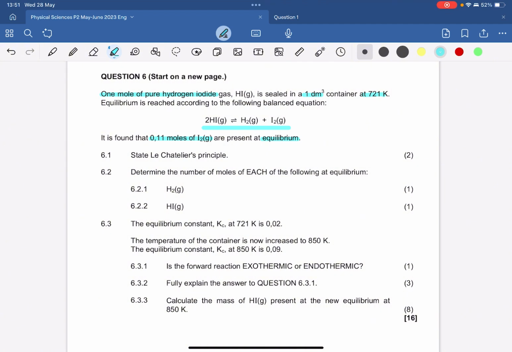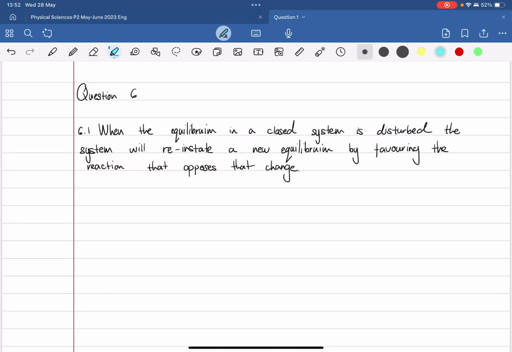6.1 is asking us to state Le Chatelier's principle. I've gone ahead and written it for us already. Le Chatelier's principle says that when the equilibrium in a closed system is disturbed, the system will reinstate a new equilibrium, and it does this by favoring the reaction that opposes that change. The reaction can either be the forward reaction or the reverse reaction.